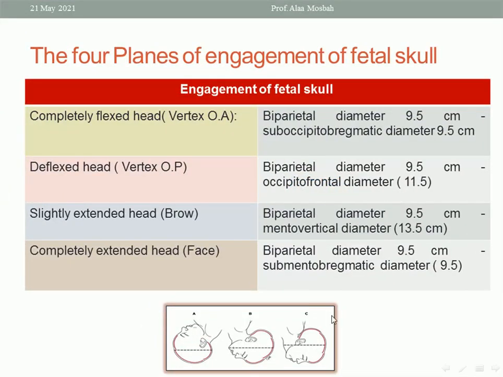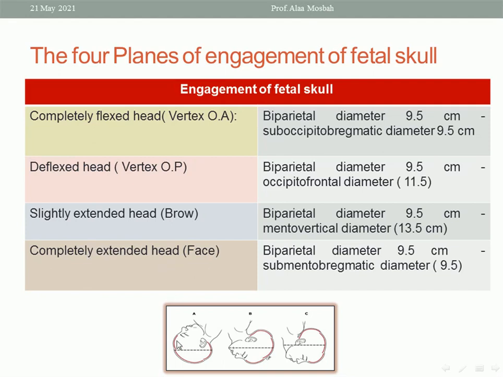So the four planes of engagement of the fetal skull: when the head is completely flexed in vertex occipito-anterior, or deflexed head in occipito-posterior, or slightly extended head in brow, or completely extended head in face.